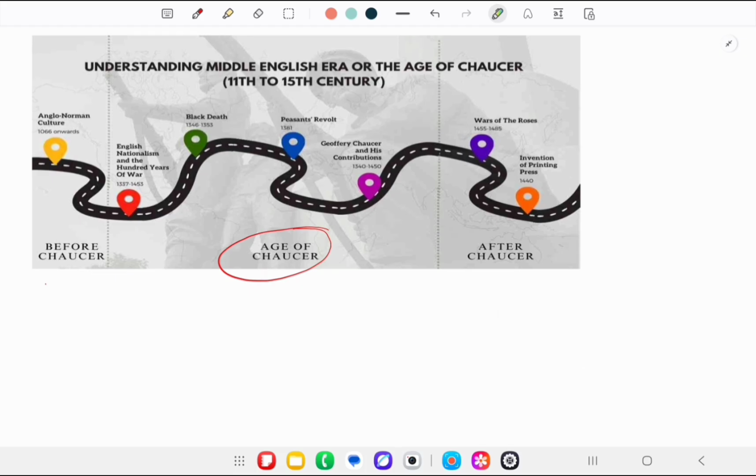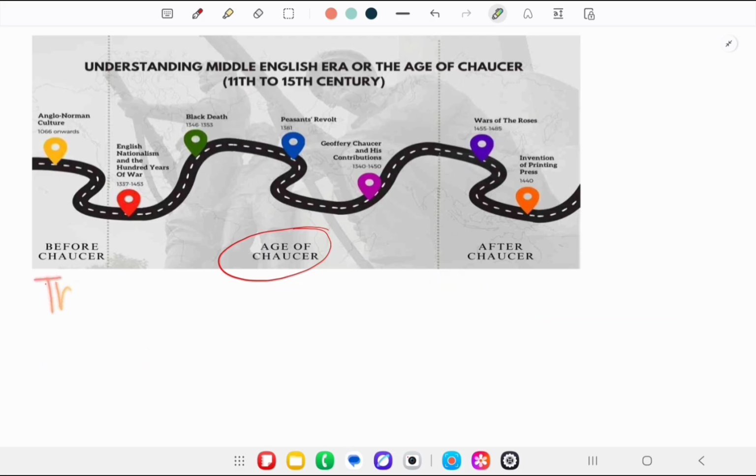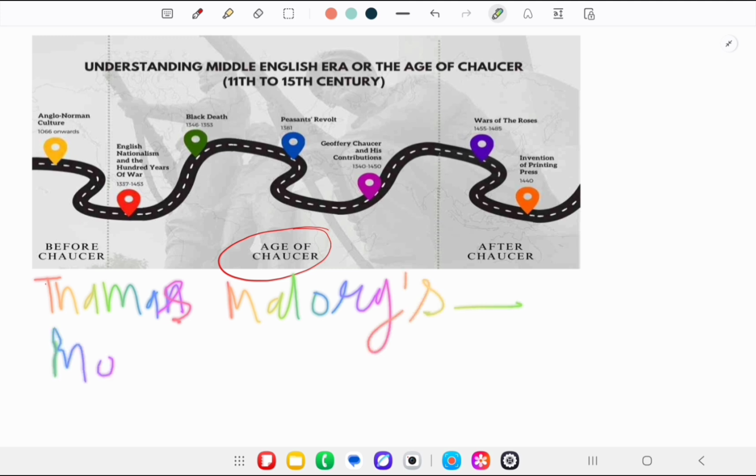In this era, the writings also include the anonymous Sir Gawain and the Green Knight, and Thomas Malory's Morte d'Arthur.